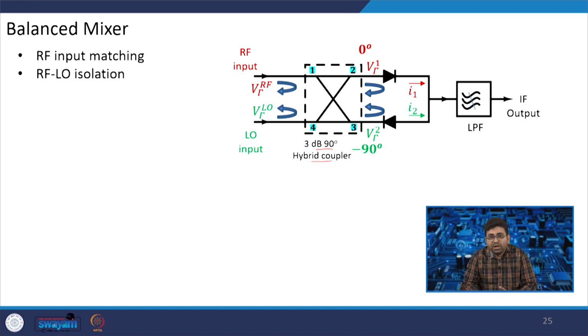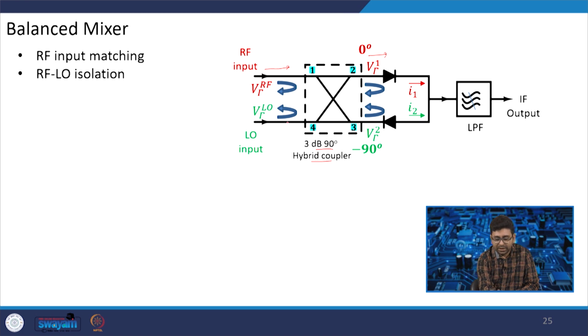Before going to the mixer, we should know the S parameters of this 3 dB hybrid coupler. This is a 4 port device. If you give the RF input at this port, it goes through to port 2 and has a 90-degree phase shift here.